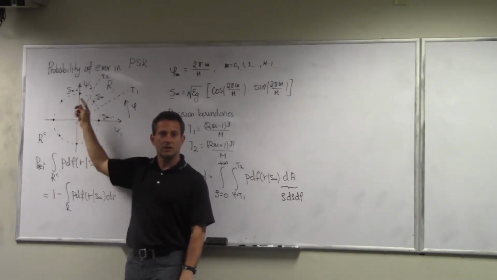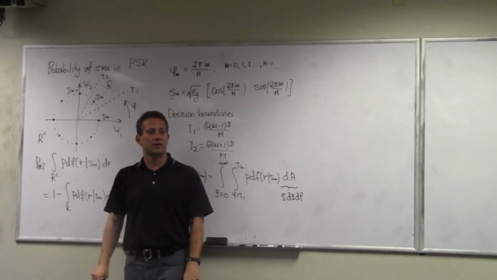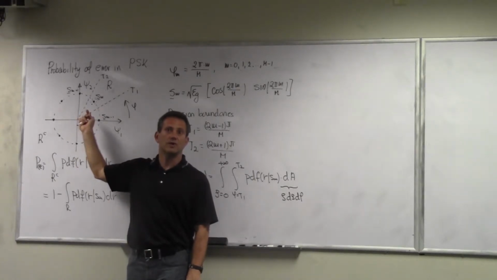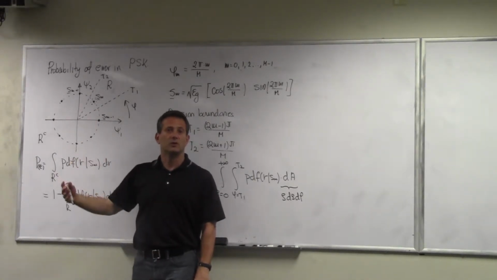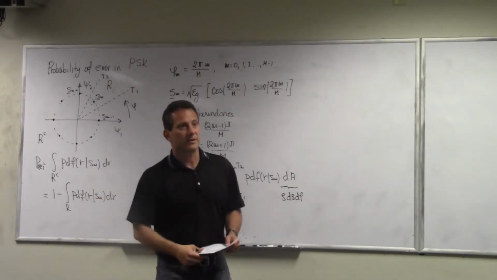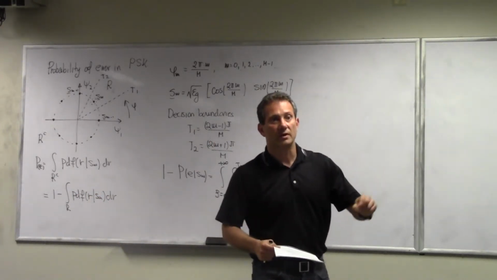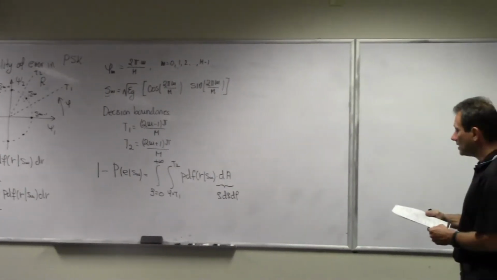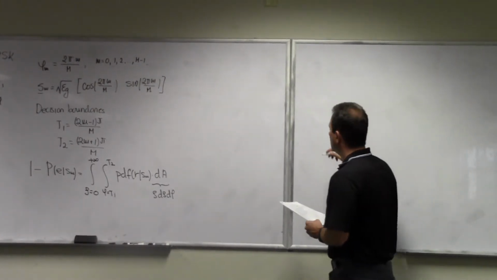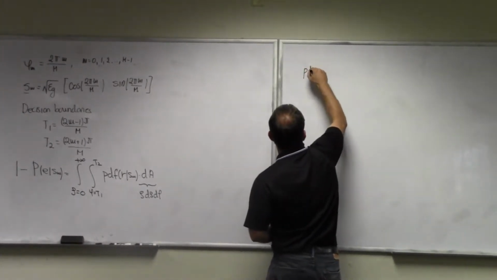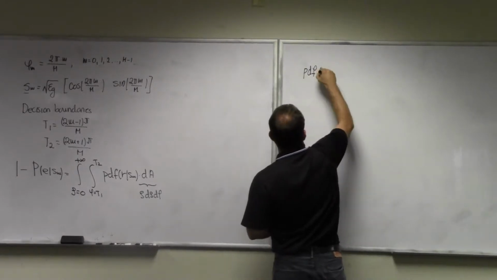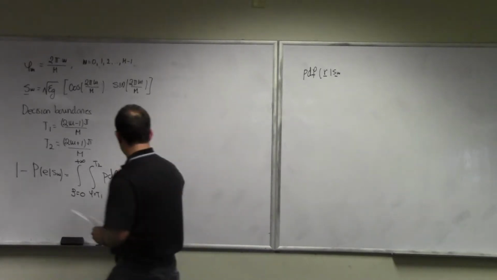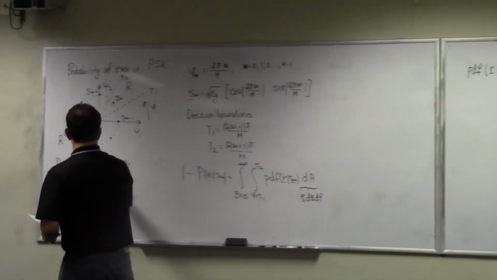I know that these noises are uncorrelated across different directions. And I also know that the standard deviation of that noise is square root of N0 over 2, where N0 over 2 is the double-sided power spectral density of the thermal noise at the input of the matched filter. So, based on all of this, I can write something like this: PDF of R. Now, I have a justification to write vectors here, because this is all in 2 dimensions.